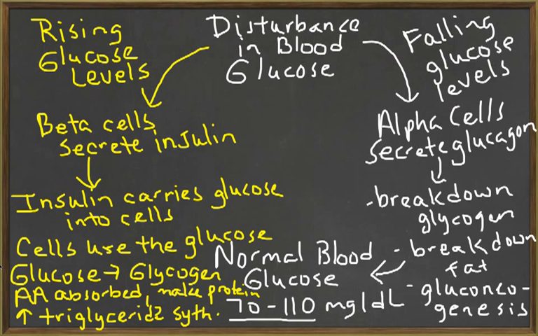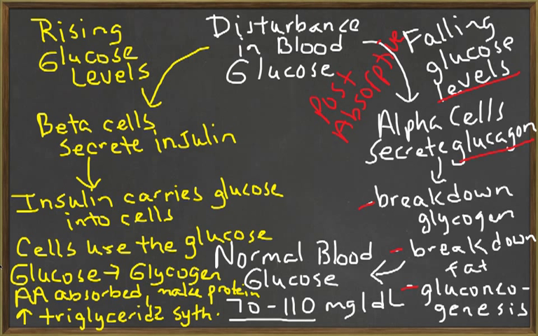So here we see that if we have falling blood glucose levels, the alpha cells will secrete glucagon, and we'll have several effects in order to increase the blood glucose levels again. This is going to occur in a state that's called post-absorptive. So this is after we haven't eaten in several hours and our blood glucose levels are starting to fall, and it's in the post-absorptive state.